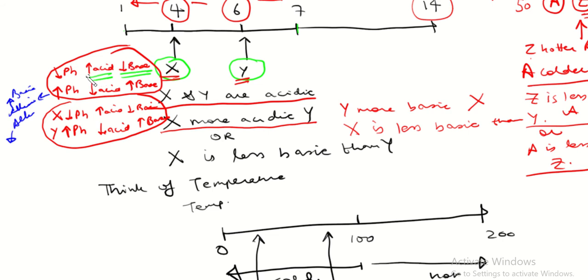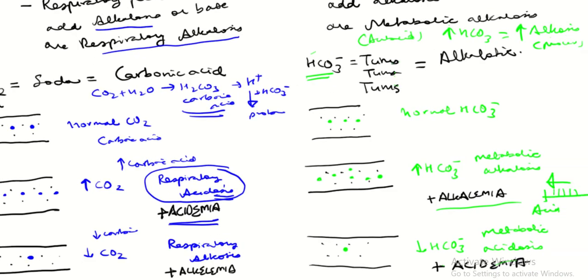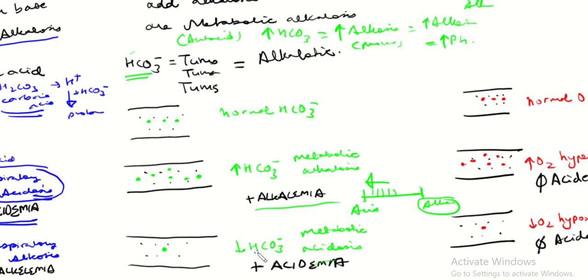So I was increasing acid and decreasing my pH, right? That's exactly what I did there. Less bicarbonate means more acid. Metabolic acidosis, meaning adding to acidemia, means lower pH, right?